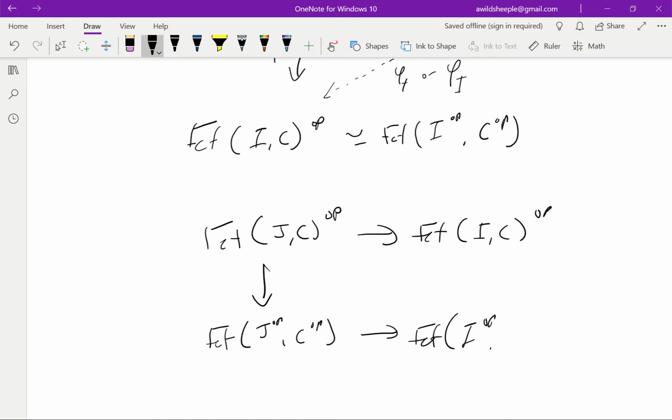I^op, C^op. And these, we just said, are equivalences, and then over here we have the opposite morphisms to these. And so they're related by this diagram. Whether I first apply the equivalence or do the adjoint or the other way around determines which are the ones that I want.